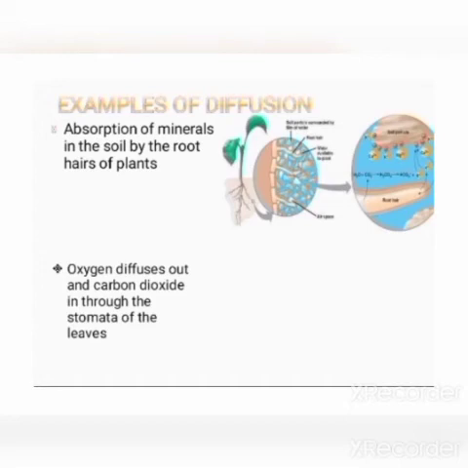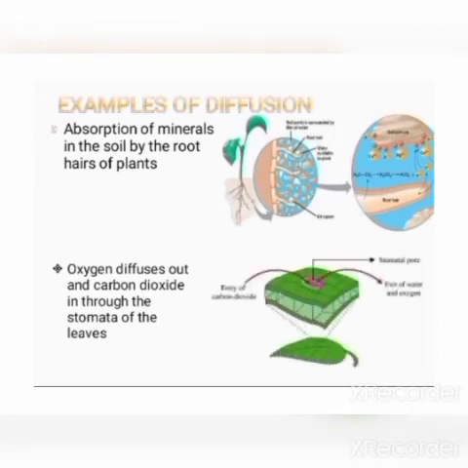You can also talk of oxygen diffusing out and carbon dioxide in through the stomata of the leaves of plants. So during photosynthesis, carbon dioxide in the substomatal chamber of the leaf becomes used up, and so therefore carbon dioxide concentration is very low.